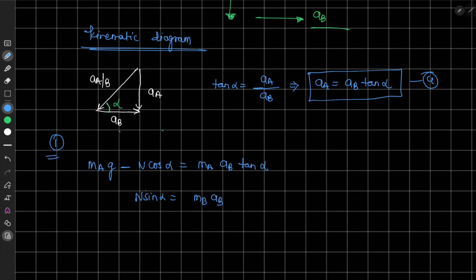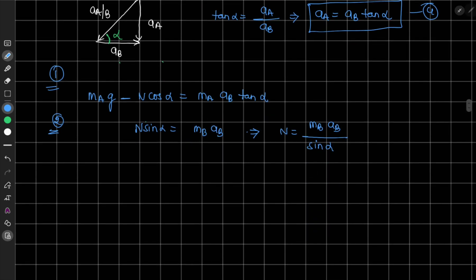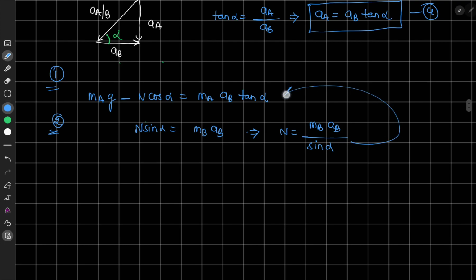Now we need to eliminate N from both the expressions, so we can write N is equal to mB aB divided by sin alpha. So let us substitute this in this particular equation. So we will get mA into g minus mB into aB divided by sin alpha into cos alpha is equal to mA into aB into tan alpha.